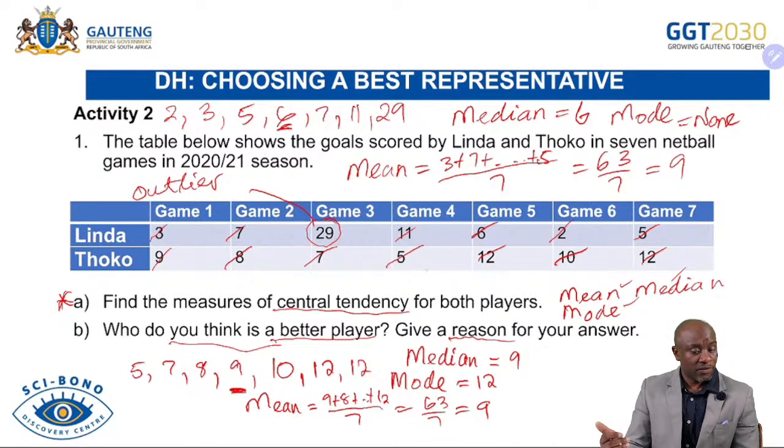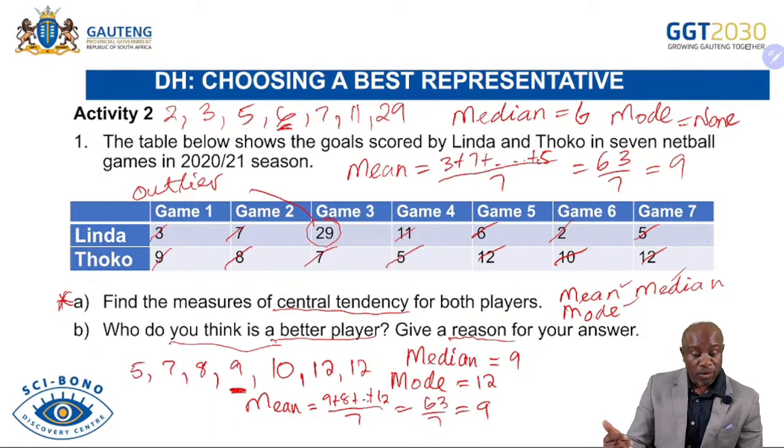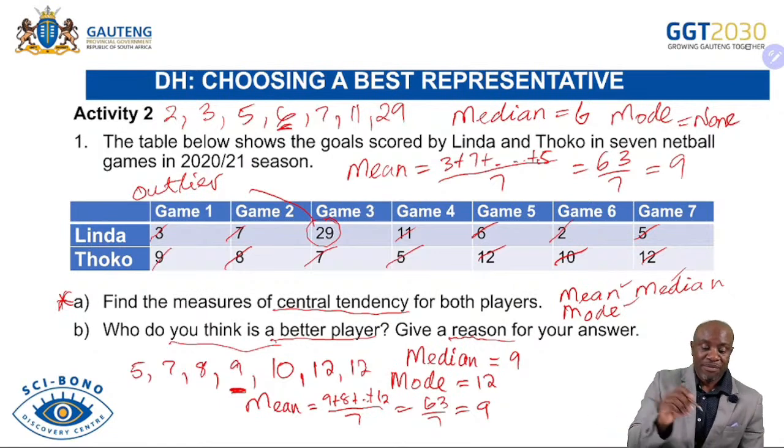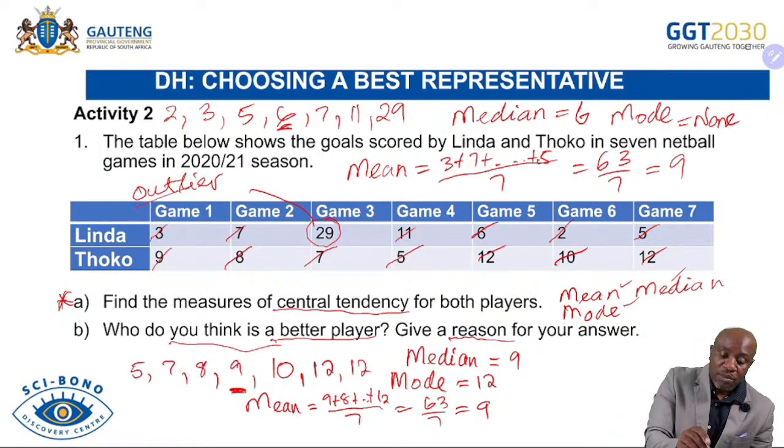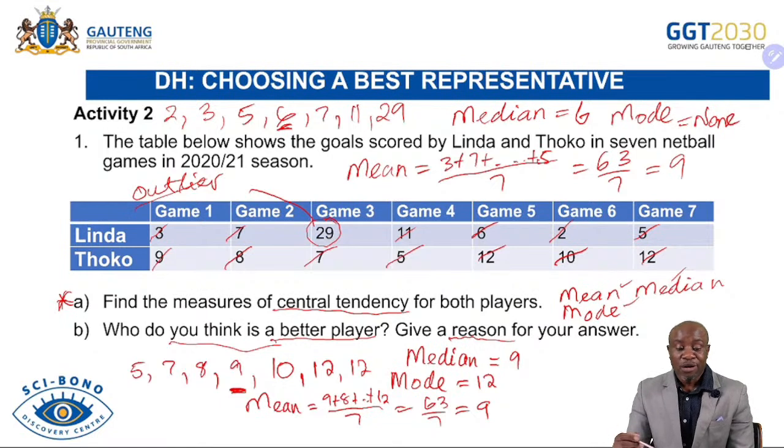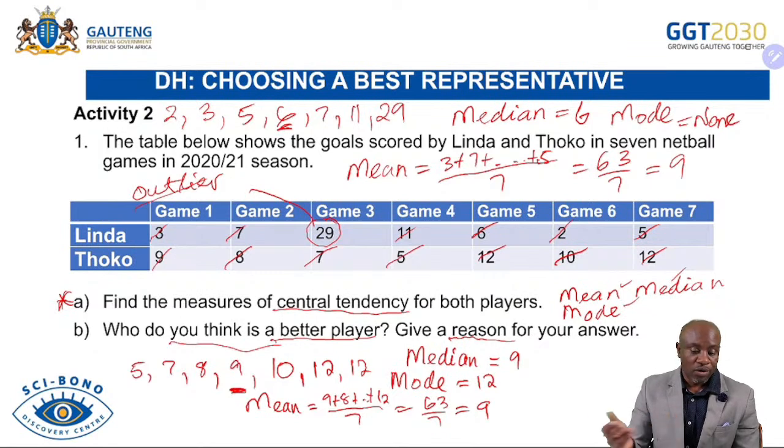Possibly someone will have to investigate what happened in game 3. What team did Linda meet, or somebody recorded those scores wrongly, or something happened. There are many reasons why we have outliers. Maybe somebody who was measuring was wrong, or maybe the team that they played was too weak, and therefore Linda was going all the way and got all those scores, 29.